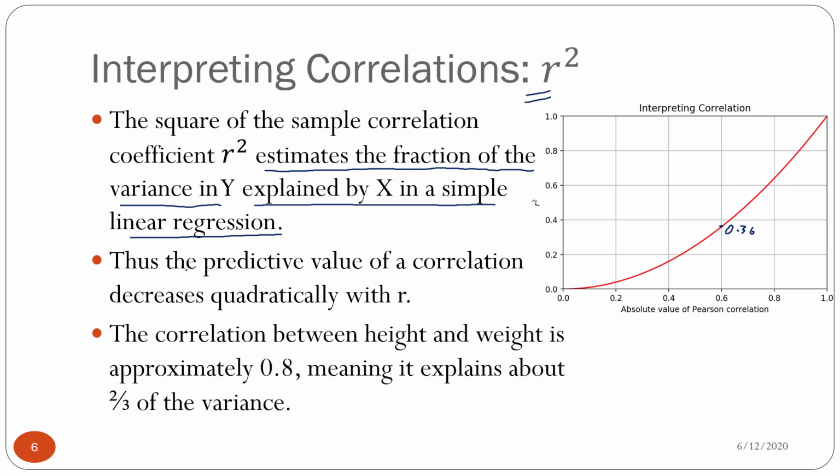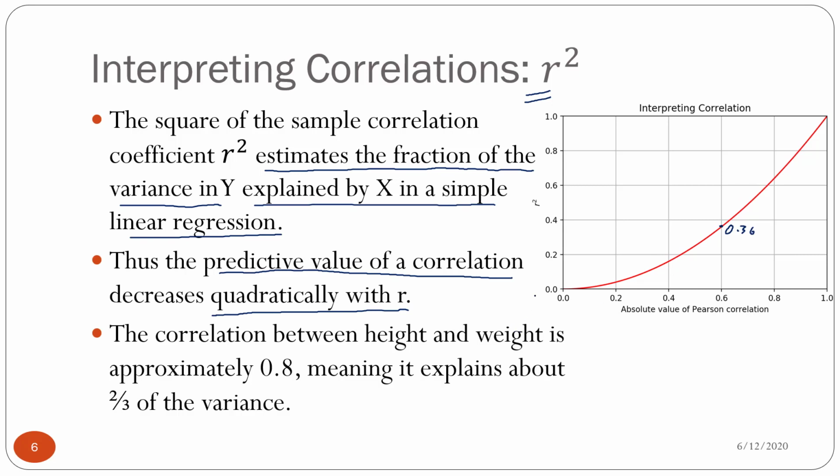So thus the predictive value of the correlation decreases quadratically with R. That's the same thing, right? Its growth is quadratic, so if you go down, then it will reduce quadratically. Alright, so that's what we have. It's the quadratic increase and quadratic decrease.